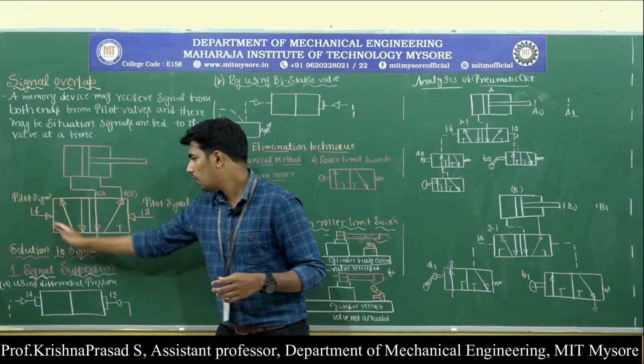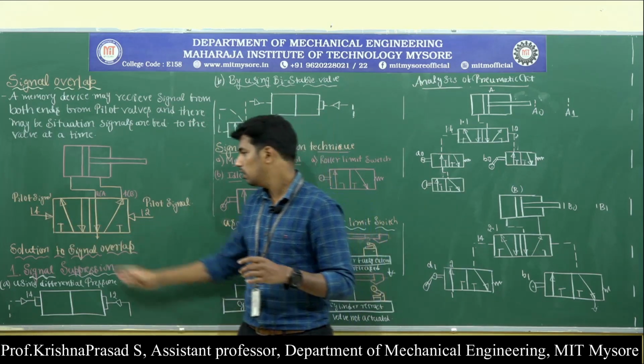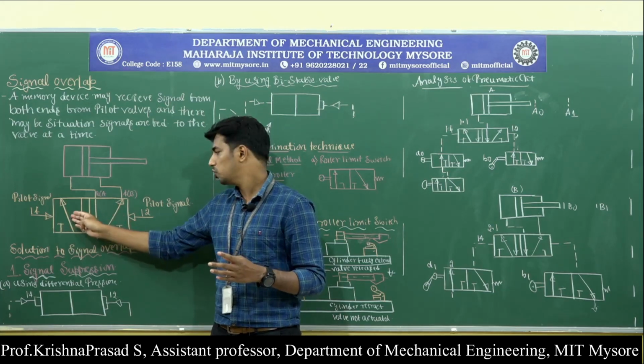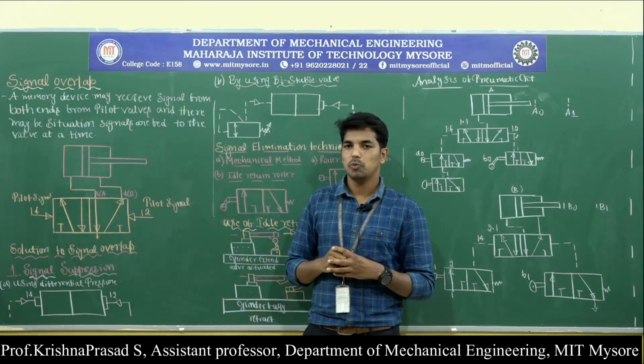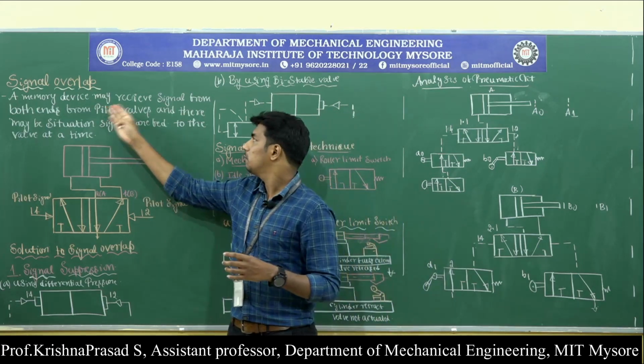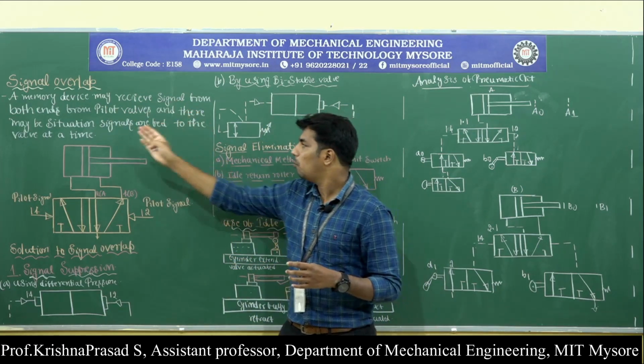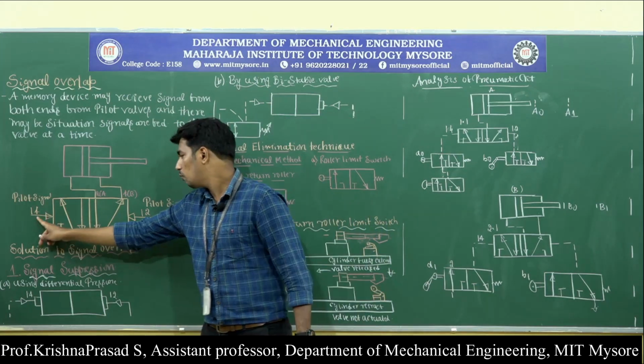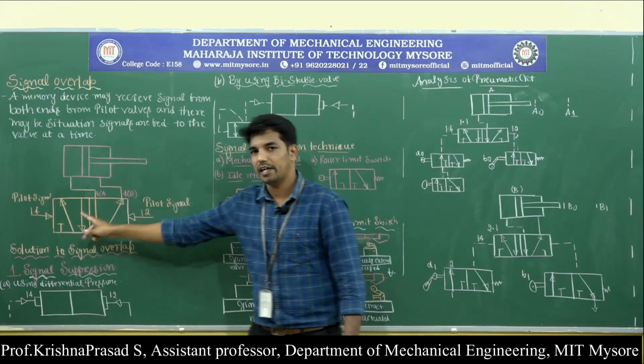Observe here, this is the 5x2 direction control valve, that means it contains 5 ports and 2 positions. This is called the normally open position and this is called the normally closed position, and this memory device may receive the signal from both the ends from the pilot valves. So this is the pilot signal 1-4 and 1-2 from both the ends.